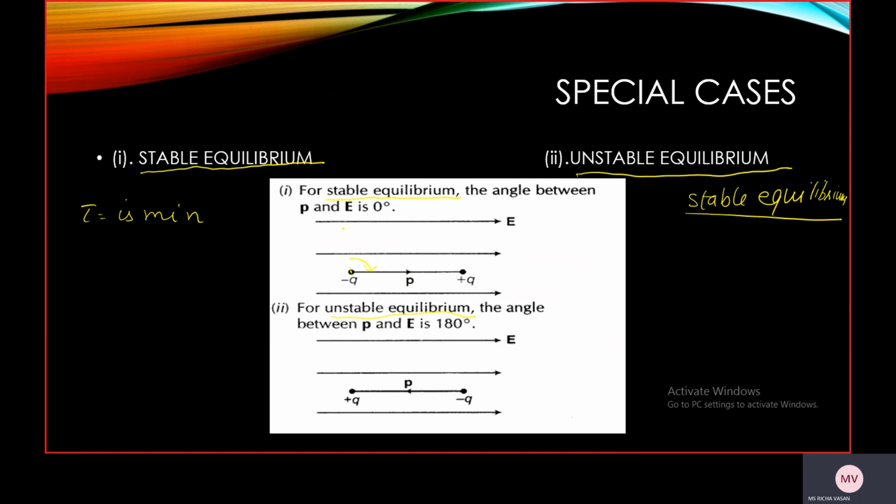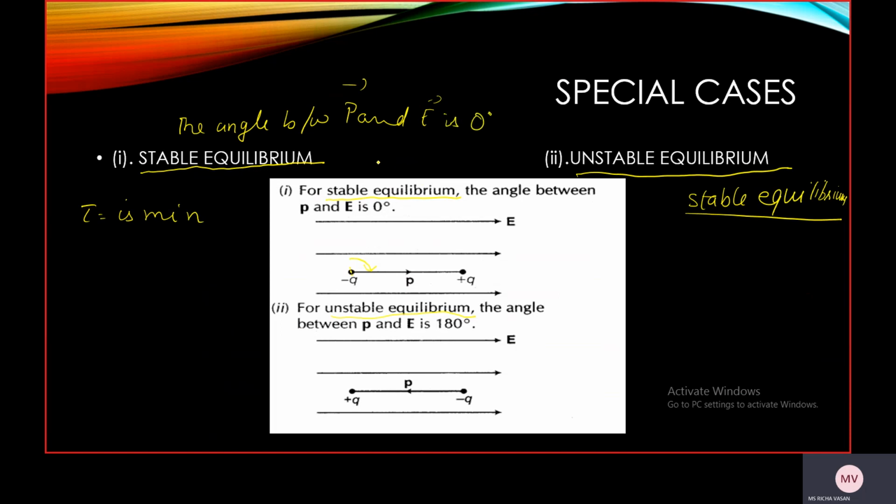So here you can see that when the dipole is in the direction of electric field, then the dipole will be called in stable equilibrium with the electric field. That means the angle between dipole and electric field for stable equilibrium should be 0 degree, right?